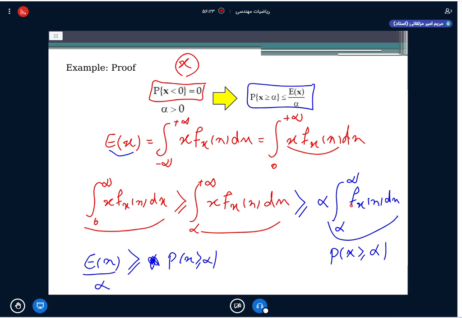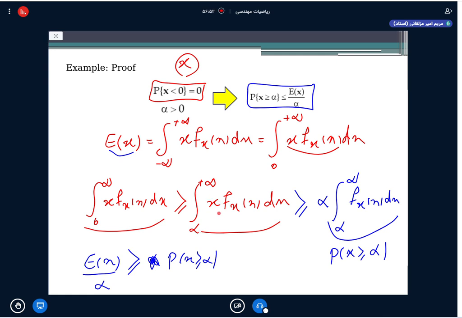And here, why do we have this inequality? Because here f(x) is positive, also x is positive. In this integral, we multiply x by f(x) and compute this continuous summation. You know that an integral is a continuous summation.